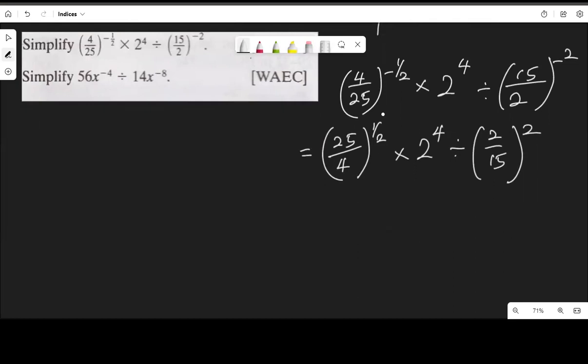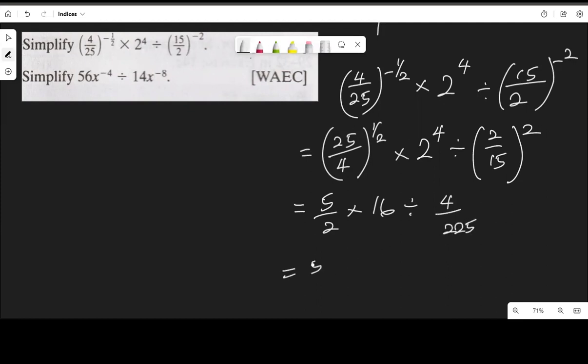which is, anything to the power of half is the square root of that thing. Square root of 25 is 5, square root of 4 is 2, multiplied by 2 to the power of 4 is 16, divided by 2 to the power of 2 is 4, and 15 to the power of 2 is 225.